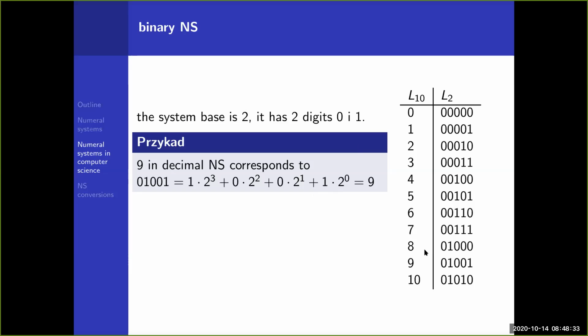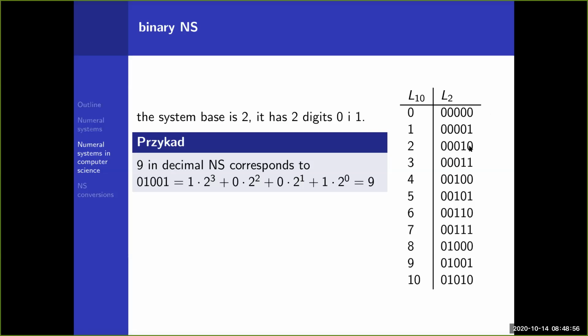Here you have a table which explains the relationship between the decimal system and the binary system. You can see that 0 is 0, 1 is 1, but 2 is 1, 0.